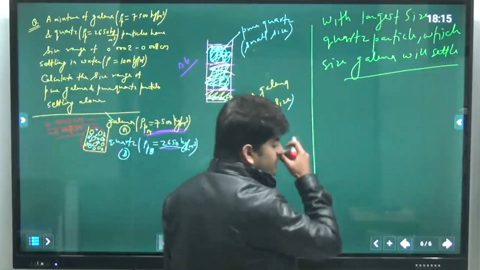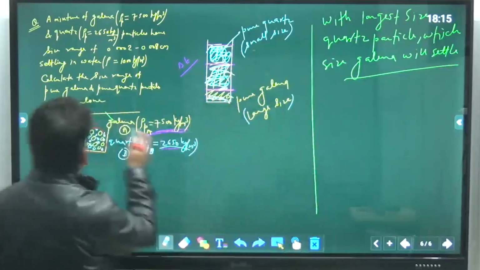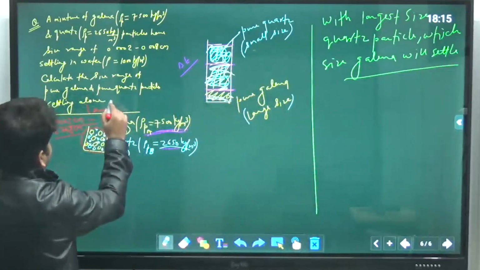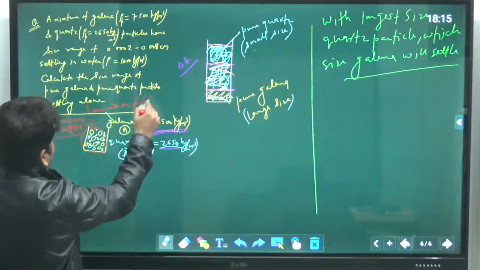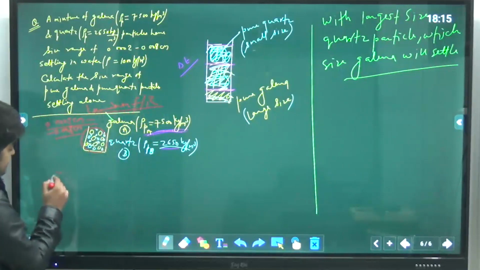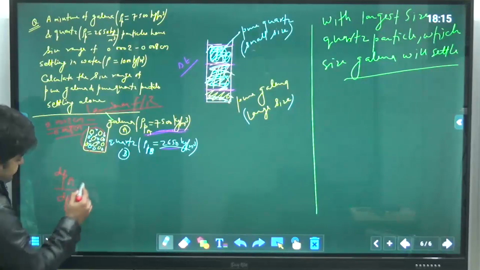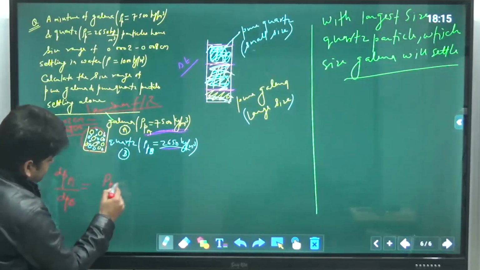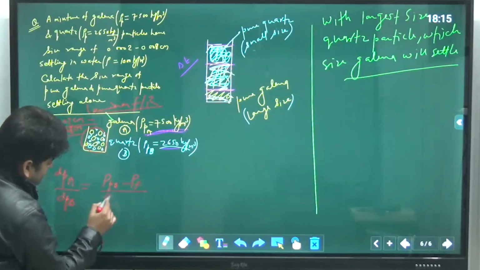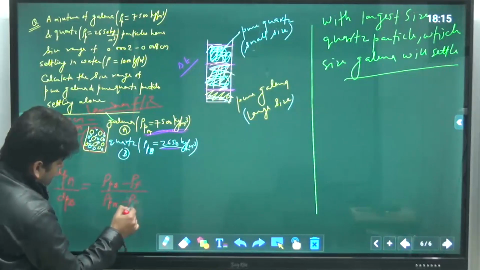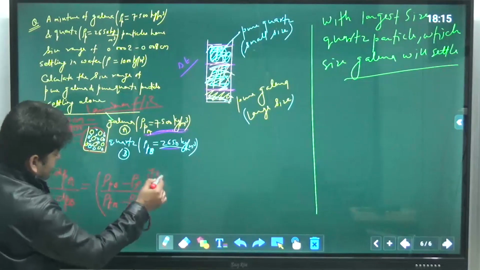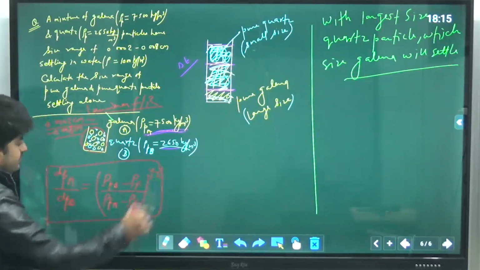So let's say we are talking about the Stokes flow regime. All these are in a laminar flow regime. So for laminar flow regime, I hope you remember that its settling ratio will be power 1 by 2.